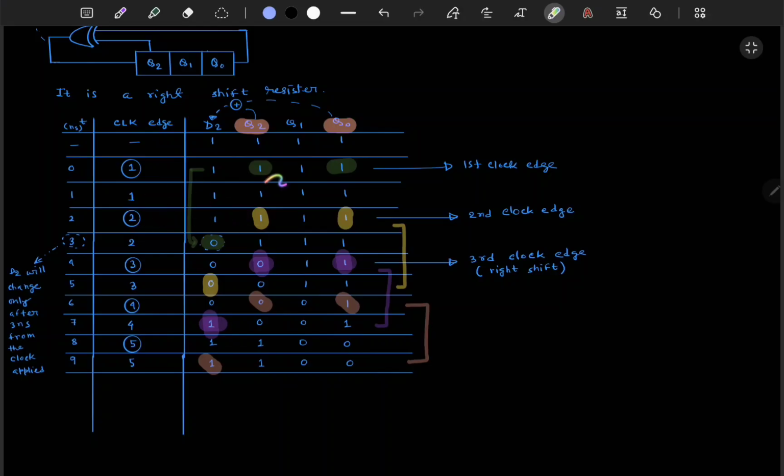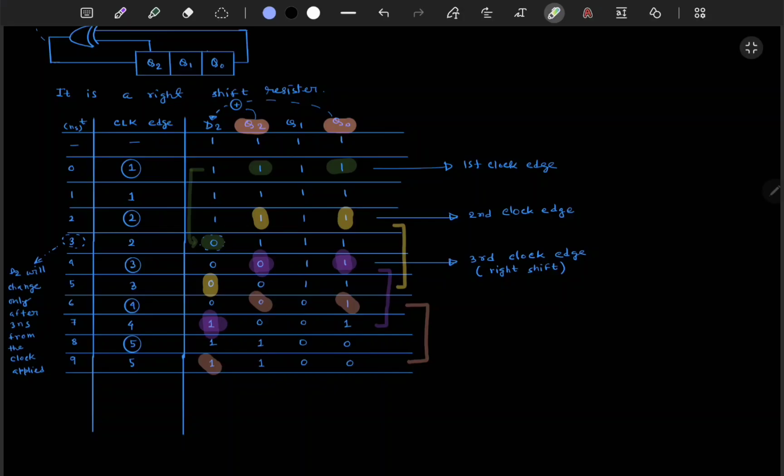Again, forget about this. After 1 second is over, we will see the same thing, because no clock edge is there. Now in the second, after 2 seconds, another clock will be applied.